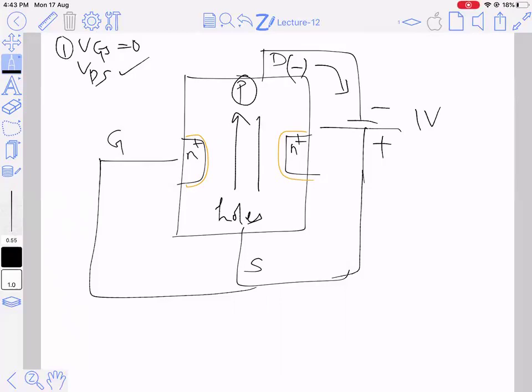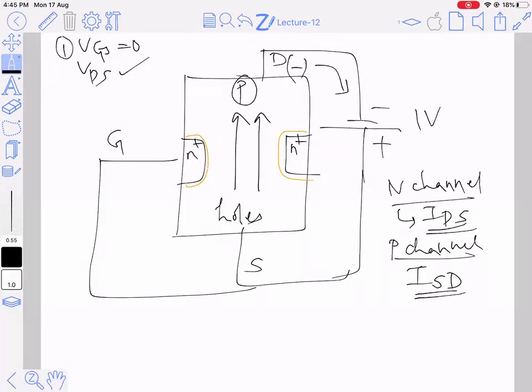Please note for N channel, the current flows from drain to source. For P channel, the current flows from source to drain. But in either case, we denote the current as ID only, the drain current.